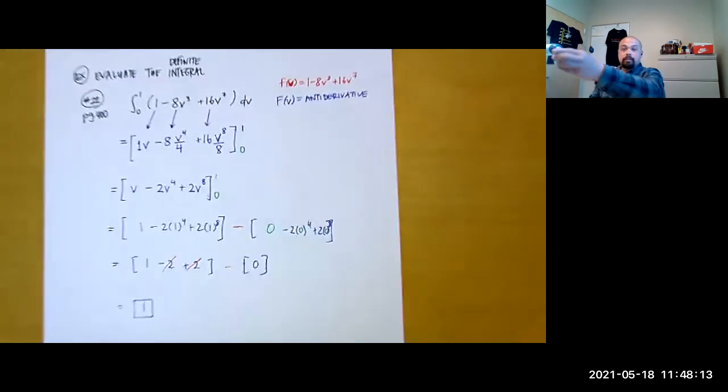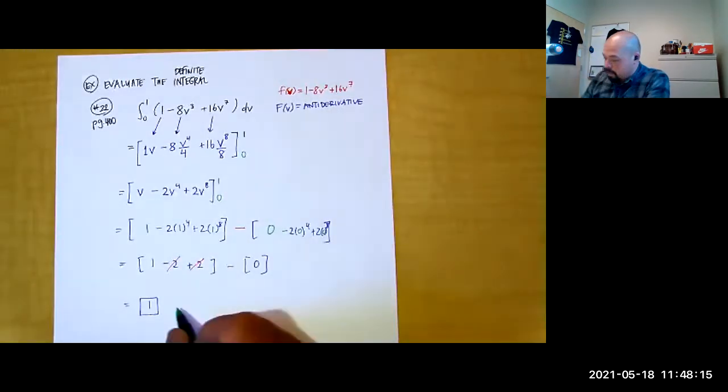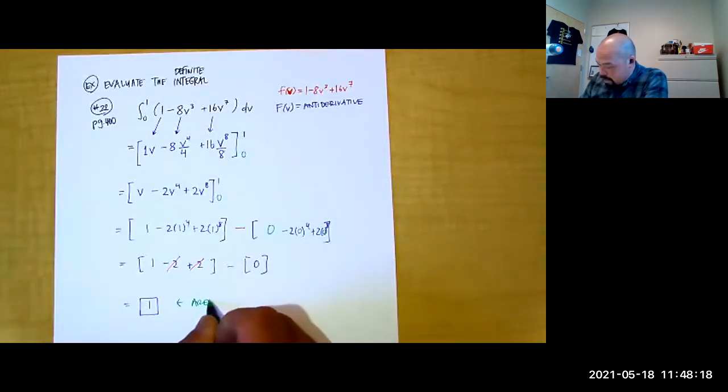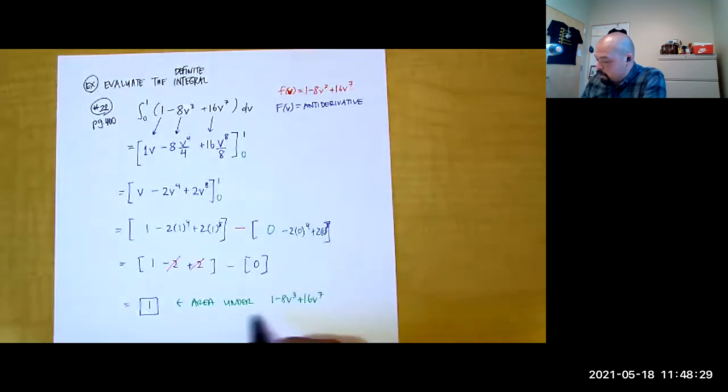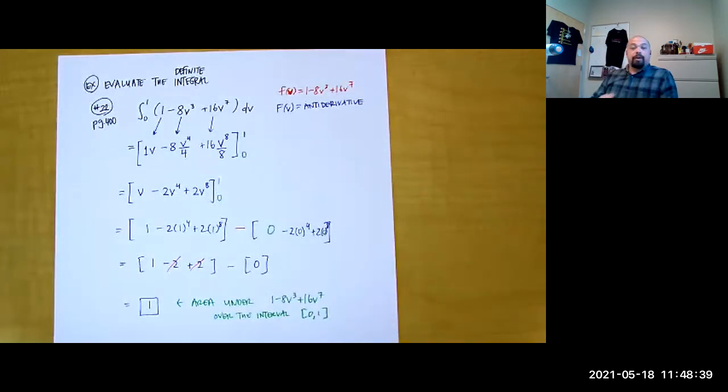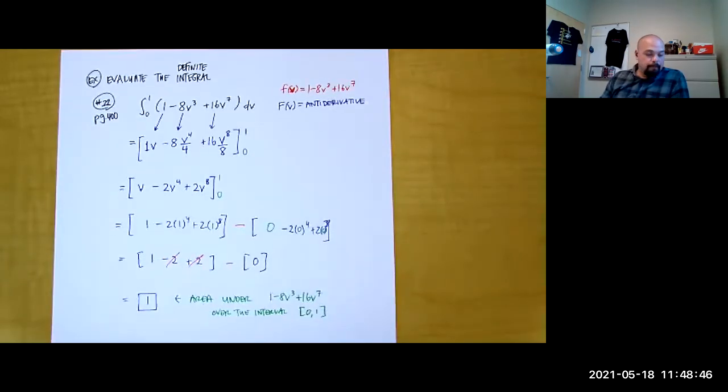And so what this represents for us is that net area under the curve 1 minus 8v cubed plus 16v to the 7th over the interval from 0 to 1. So if we were to graph that and look how much space is trapped between the x-axis and that function, it's going to be exactly equal to 1.